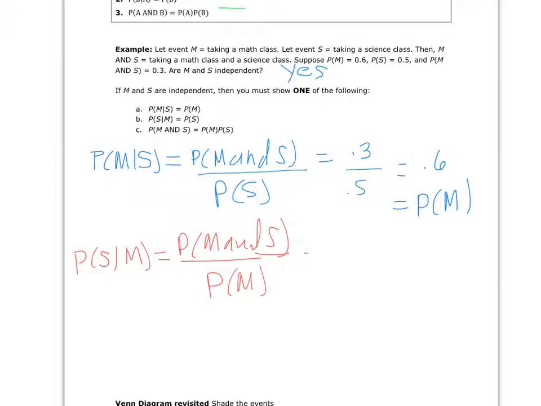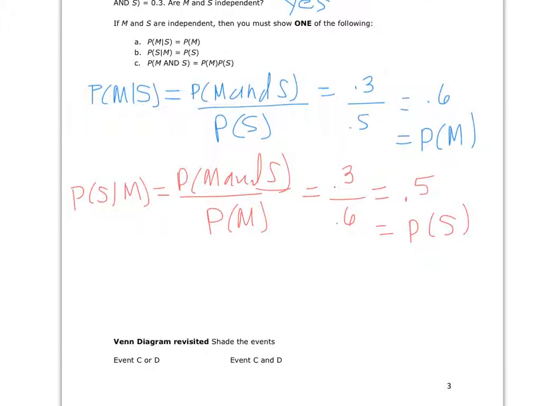So that's equal to 0.3 over the probability of M, which is 0.6. And that gives us the probability of S given M, taking a science class given taking a math class, equals 0.5, which is actually equal to the probability of S. So that also confirms that we have independent events.